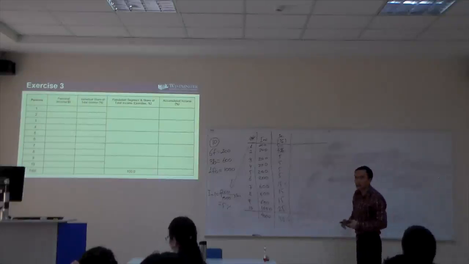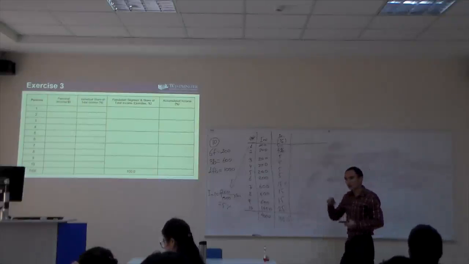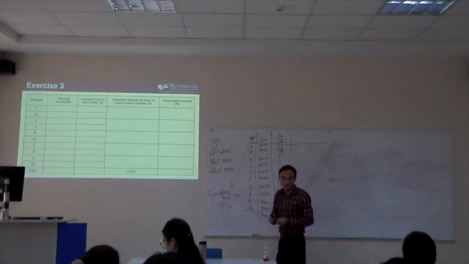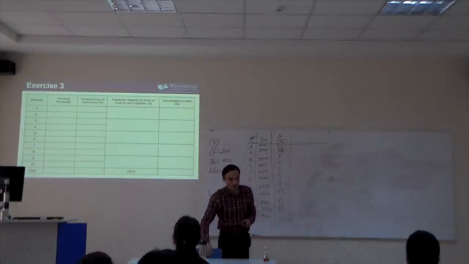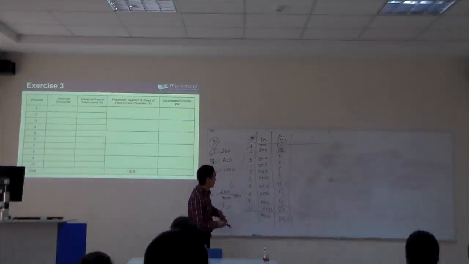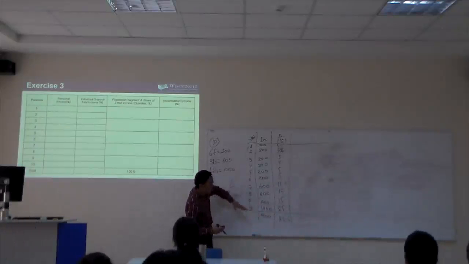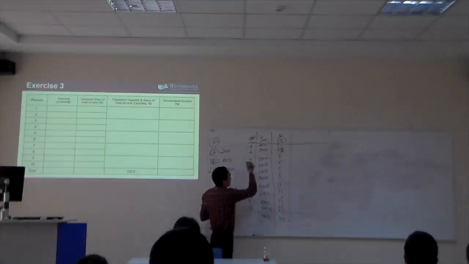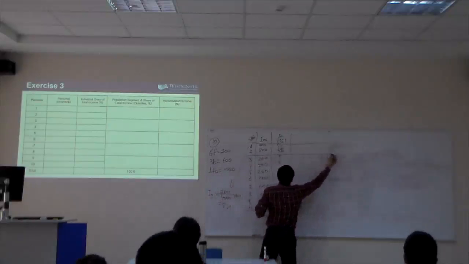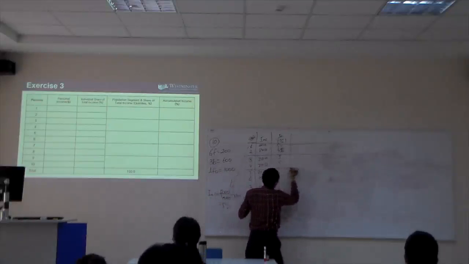So now, I said, to calculate the Kuznets ratio, or to draw the Lorenz curve, or calculate the Gini coefficient, we have to divide this population into 5 equal parts.